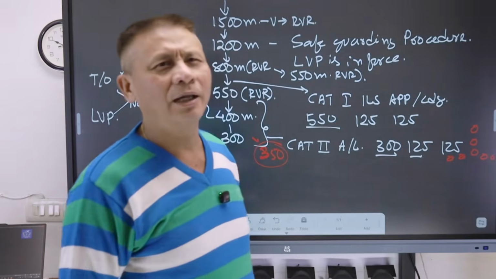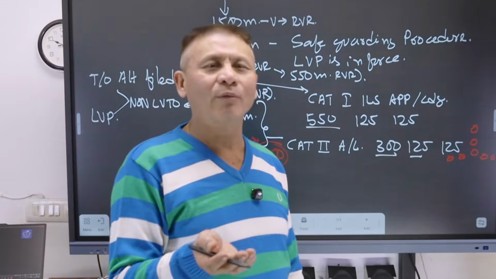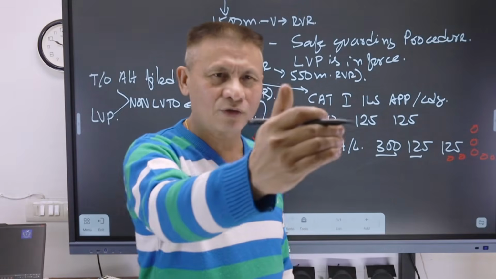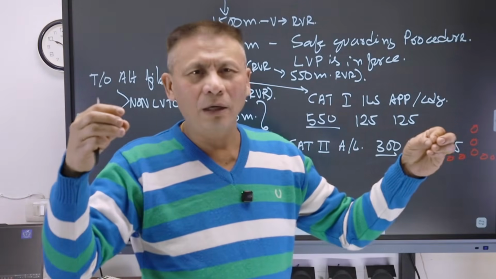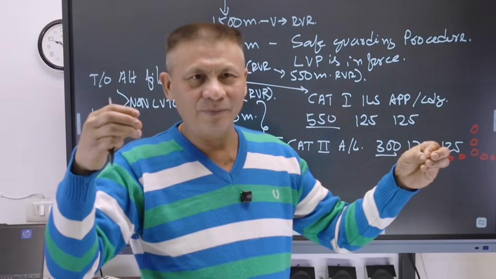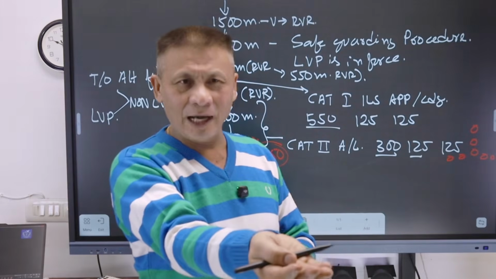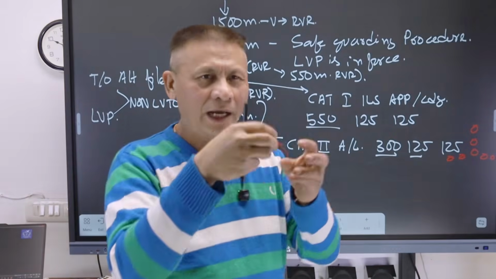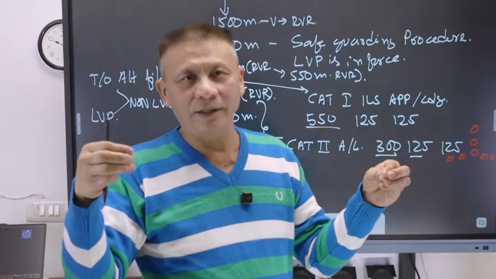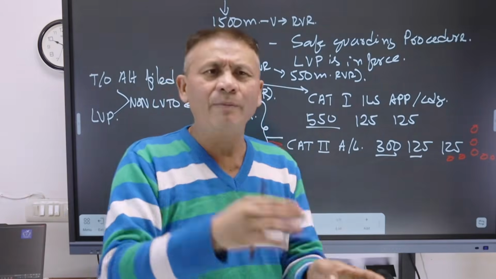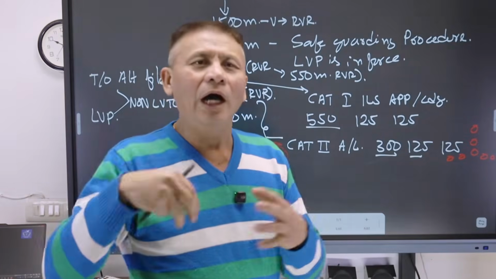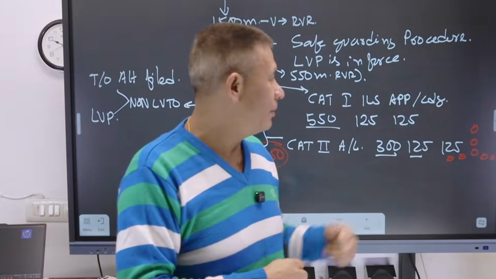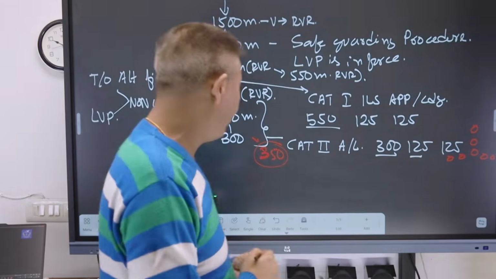For example, if I am looking out for the approach lighting system, then 3 consecutive approach lights and 1 barrette of that approach lighting system. If I am seeing the runway center line lights, it should be 3 continuous consecutive center line lights with the threshold lighting as the lateral element. So it may be the threshold lighting and the runway edge lights, or a combination of all this, as I have already shown you. Okay.